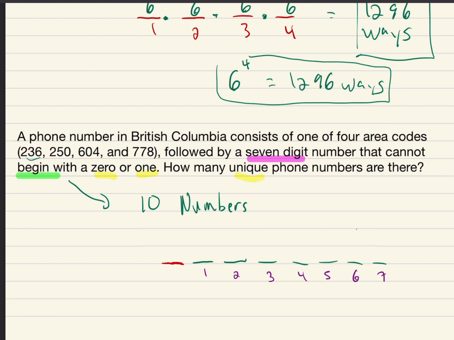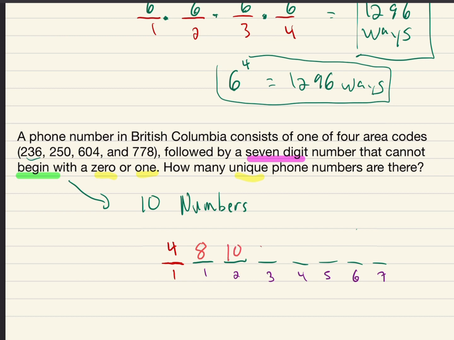Now, we'll start with the red over here. From 4, I'm choosing one of them. Now, the first one cannot begin with a 0 or 1. So that means that out of the 10 numbers, we're going to be choosing 8 of them. But then for the rest of them, you're allowed to choose a 0 or 1 all the way up to 9.